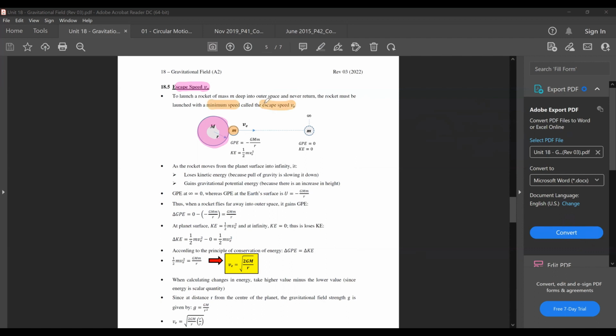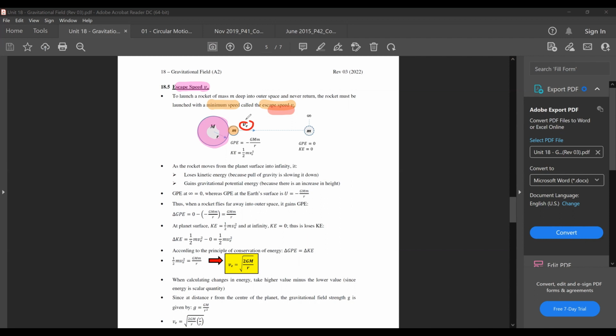Okay, so if that object is launched with a speed less than this escape speed, it will never be able to escape from the gravitational field of the planet that it is on. Okay, you always need to have a certain minimum speed called your escape speed in order to be able to escape all the way into outer space. If you don't have that, gravity will just pull your object back towards the planet itself. Okay, so what you're interested to find out is what is this escape speed, VE here.